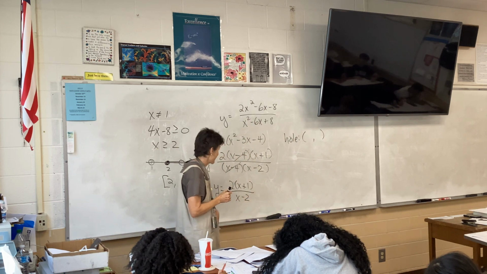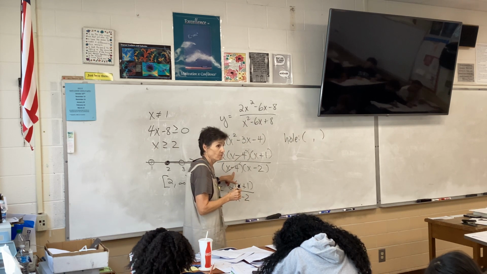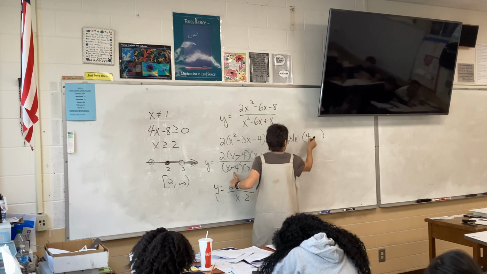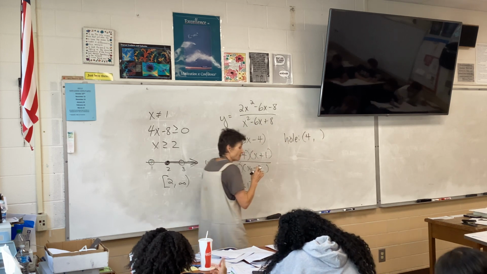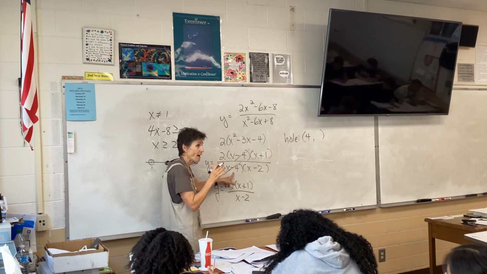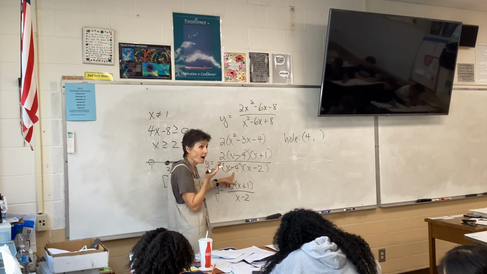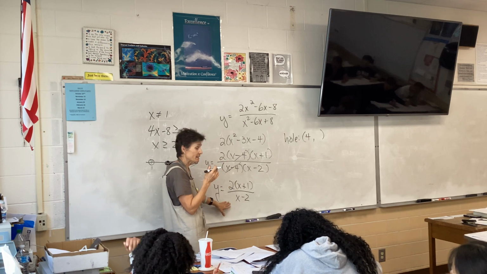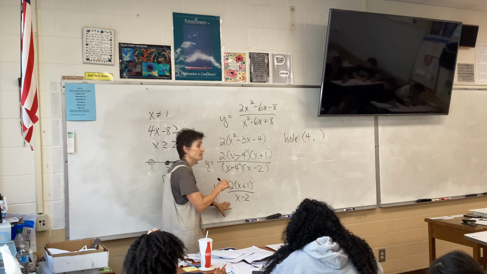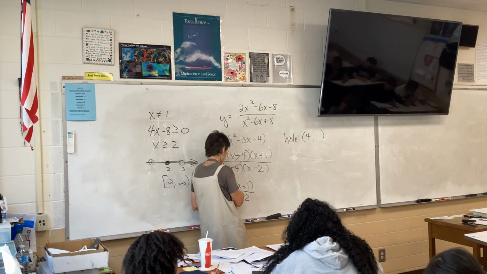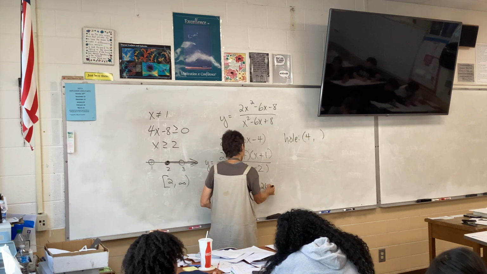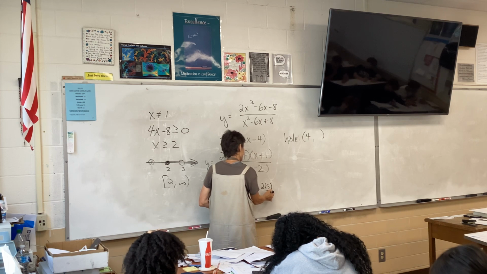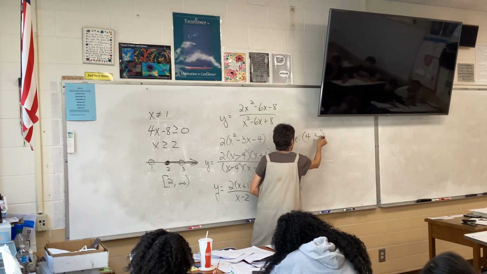It's gonna be where X is 4. The hole is a point on the graph, so it needs a Y. How am I gonna get the Y? You plug in X for that. Four. Yeah. So it'll be 2 times 5 over 2, so 5.